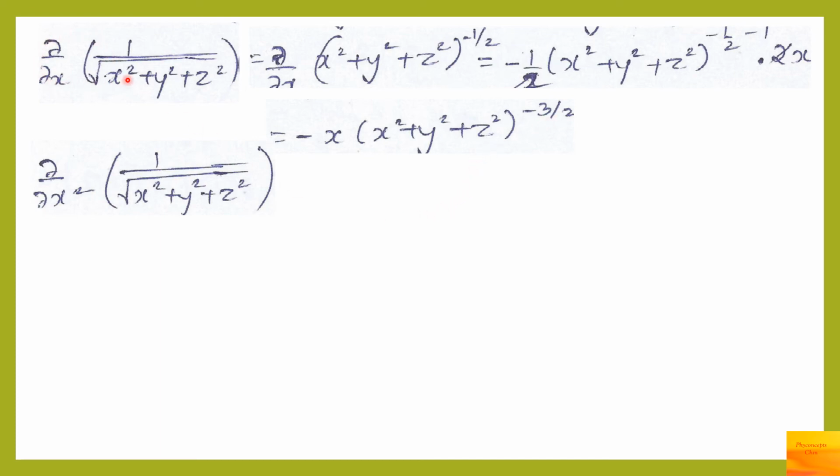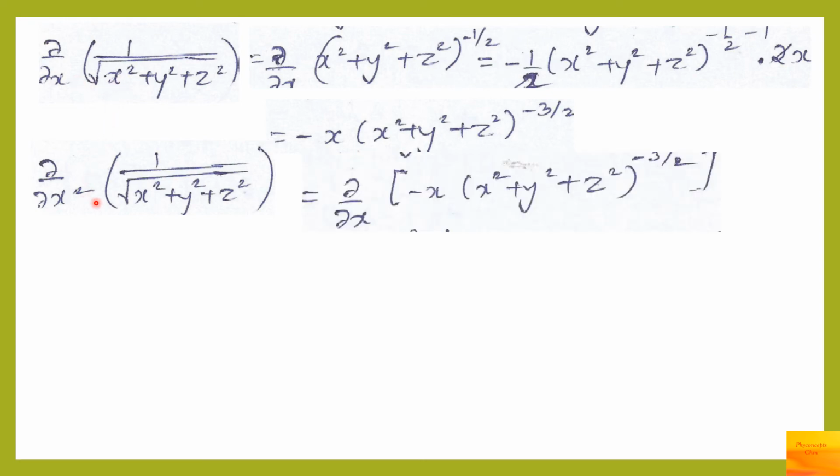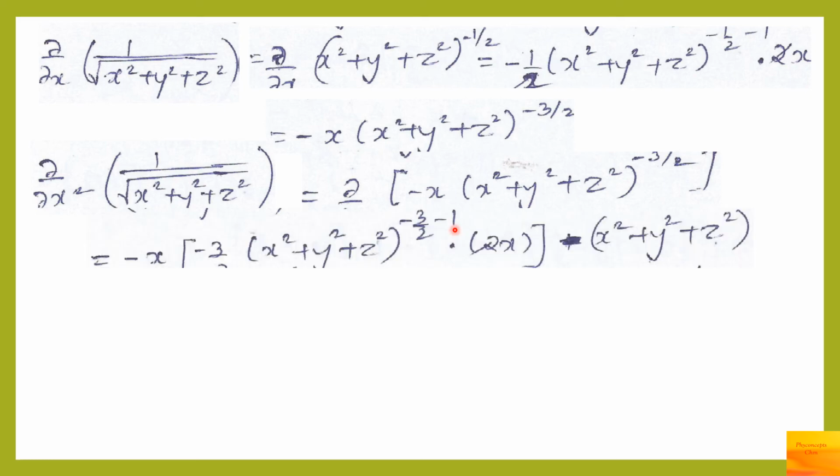So here we have differentiated this first with respect to x one time. Now we will differentiate it the second time with respect to x. Here we can use the uv product rule. You can take this minus x as u and this whole term as v. Then differentiate u by keeping v constant, then differentiate v by keeping u constant.